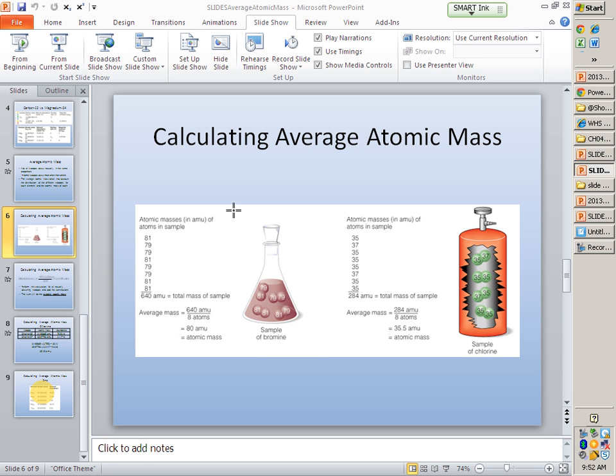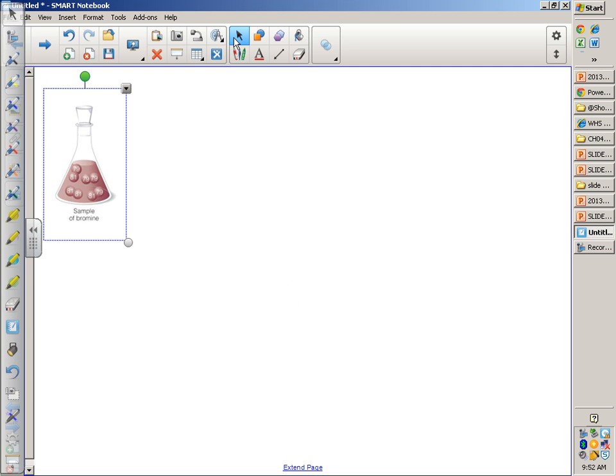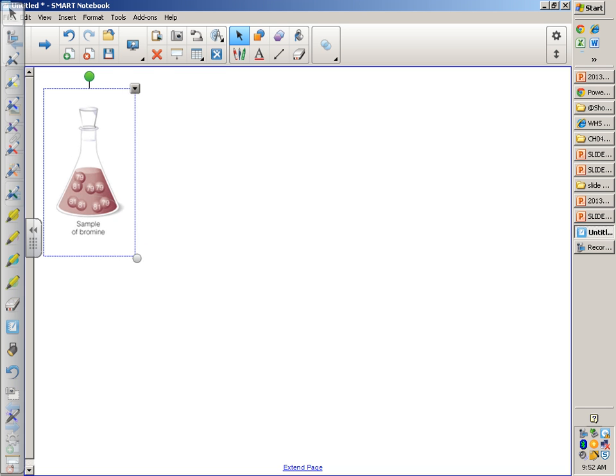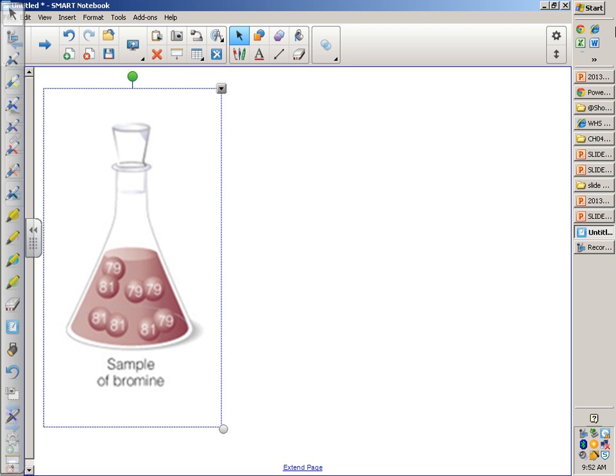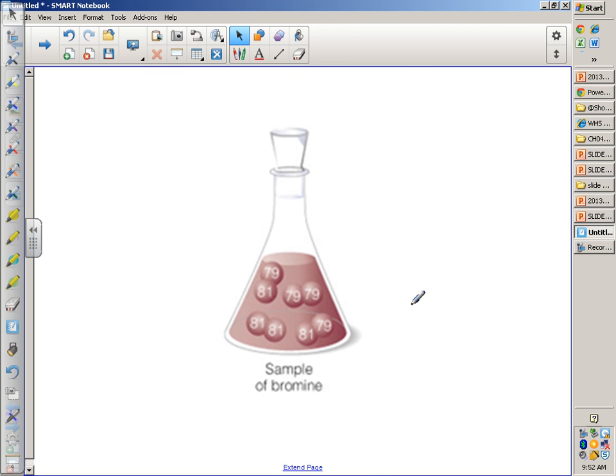On Friday, we talked about this sample of bromine that shows up on the back of your outline.